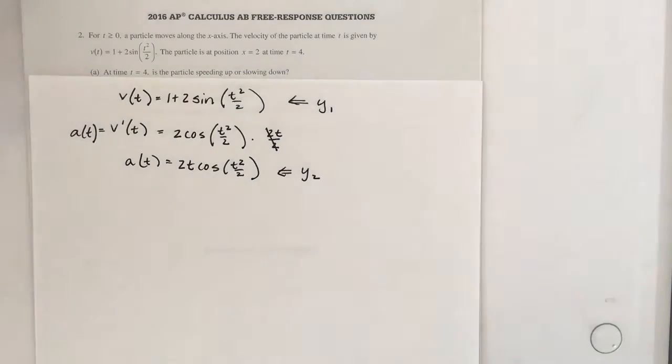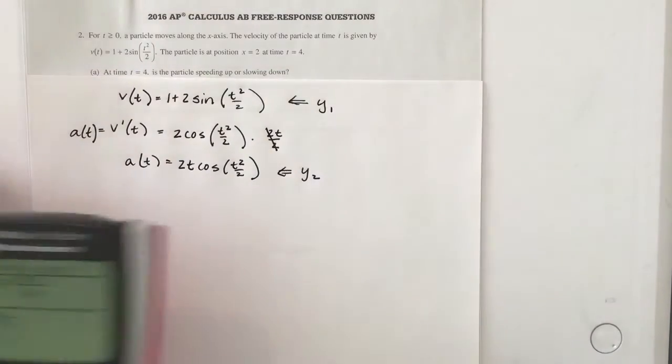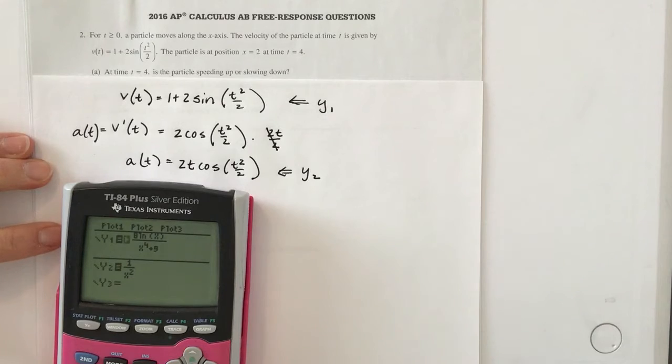Now, if I wanted, let's go ahead and put them into our calculator here. So I'm going to clear out my calculator. y1 is 1 plus 2 sine of x squared over 2, and then close parenthesis.